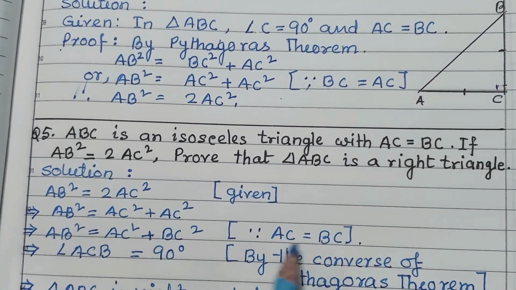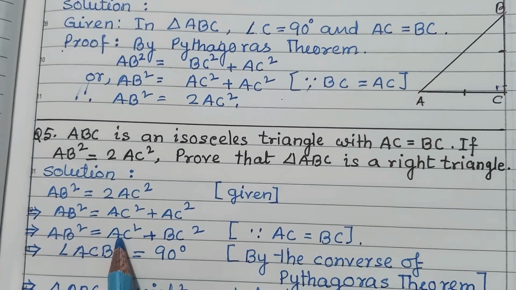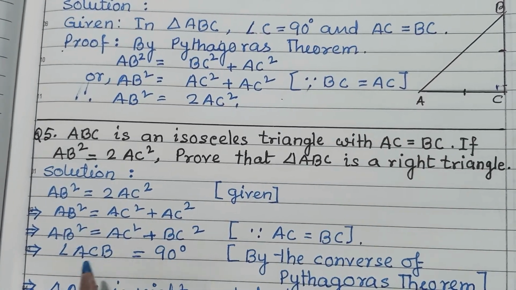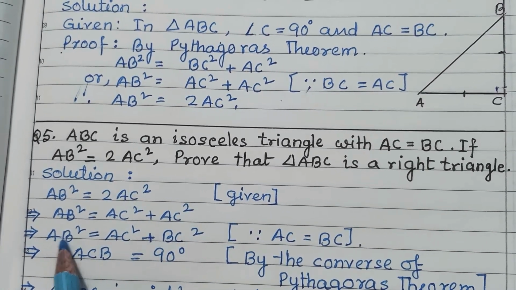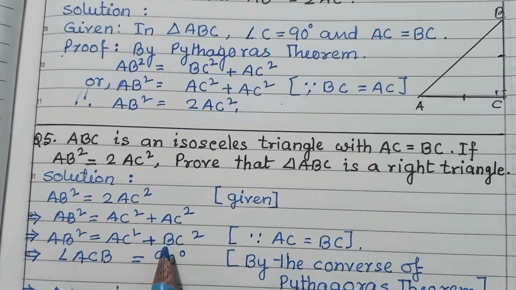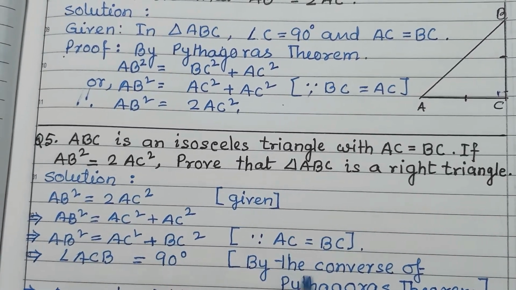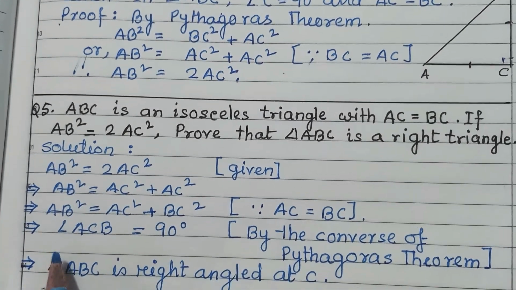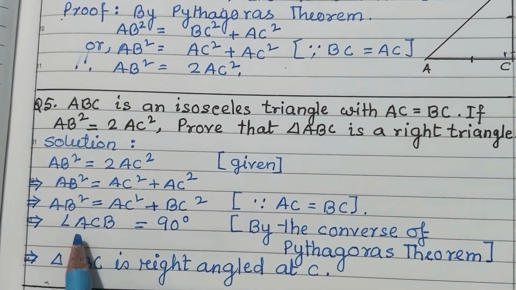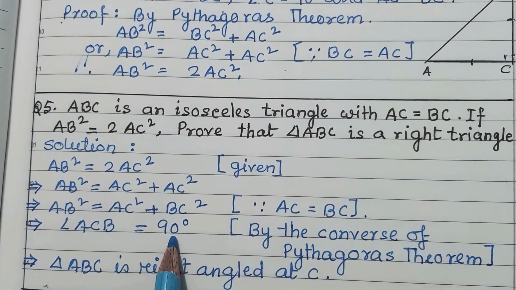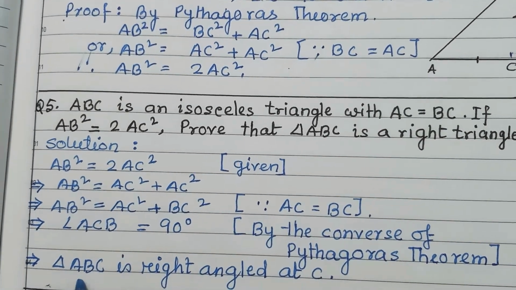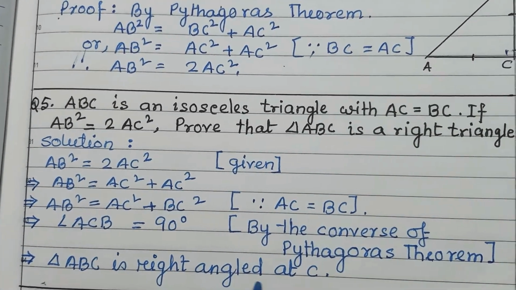Now AC is equal to BC, so we can write it as AC square plus BC square. So hypotenuse square is equal to perpendicular square plus base square. By converse of Pythagoras theorem, angle ACB is 90 degree. Therefore, ABC is right angled at C.